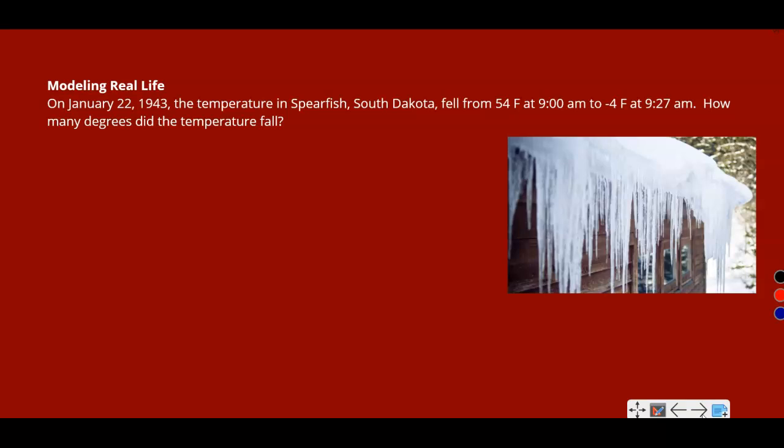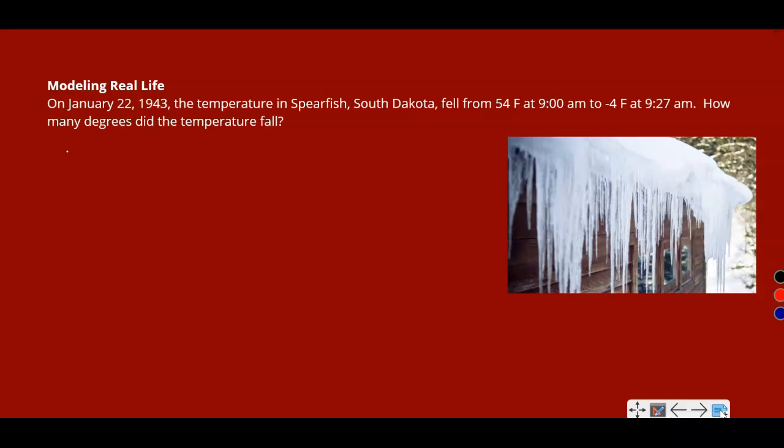If we think about this verbally, we know how many degrees it is at 9 a.m. and we know how many degrees it is at 9:27. So we can write a model that says 54 degrees at 9 to -4 at 9:27. So we know it ended up at -4.